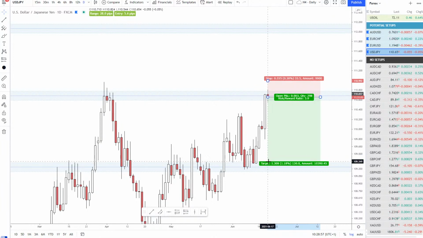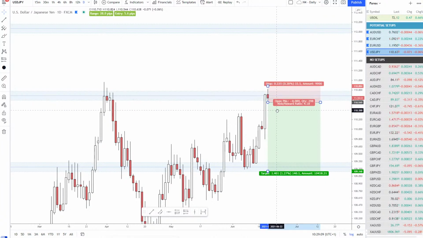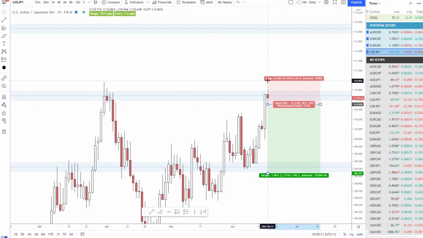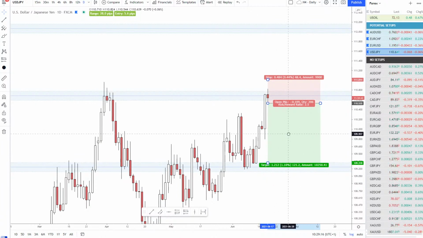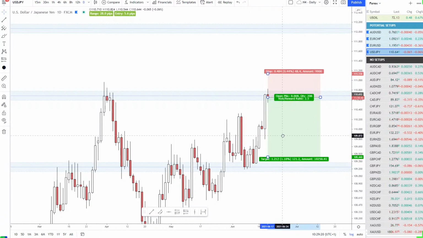My testing shows that these kind of trigger entries tend to overall be better if you can stomach the losing trades. If you can stomach the losing trades, entering right now is better than waiting for a break of the indecision candle. You are going to take more losses, but you are going to get a better risk to reward ratio, because look at the risk to reward ratio here, 2.5R.